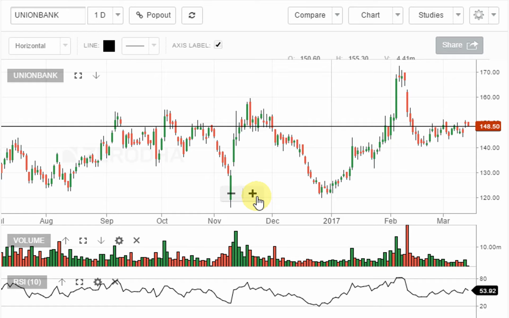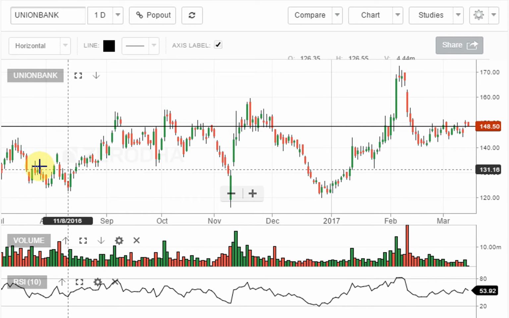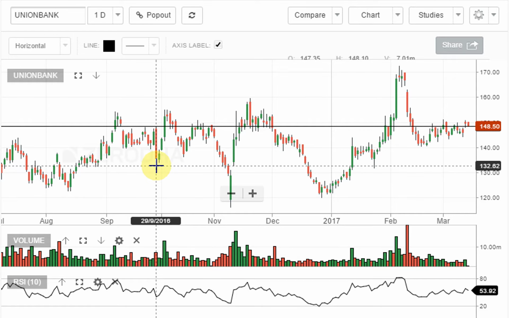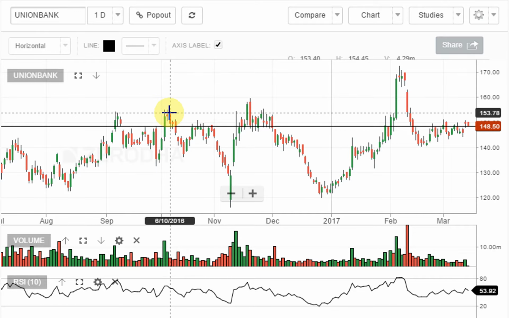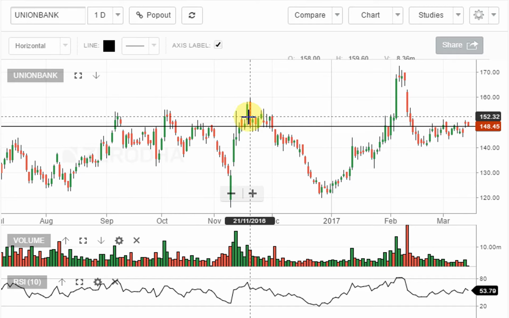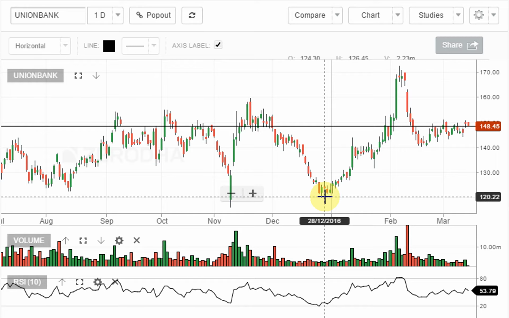The price went up to these levels, came down, and again tried to go up, but at 150, 155 levels the stock is struggling to go above. Again a sudden fall happened here in the past, and the third attempt was made here, again not successful, came back, but this time the stock has breached the level.